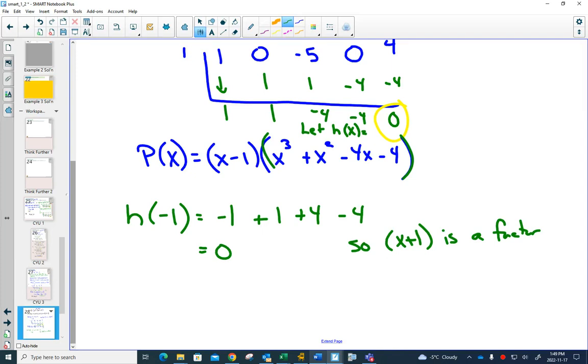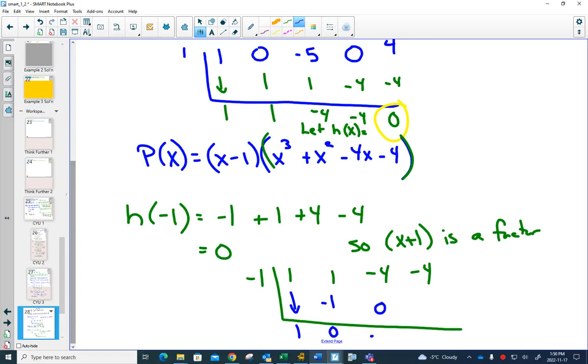As far as doing our synthetic division here, now I'm going to use 1, 1, negative 4, negative 4, negative 1 outside, because I'm doing the synthetic division for h of x. I can bring down my 1, multiply, add, multiply, add, multiply, add.